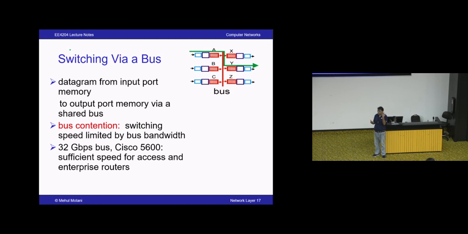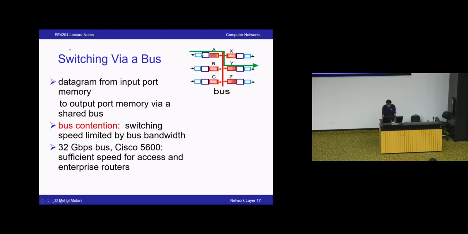Stimulate would mean writing, sense would mean reading. The CPU would, on this shared bus, instruct the input and output ports to do the necessary actions. I'm showing you an example here of three input ports, A, B, C, and three output ports, X, Y, Z.